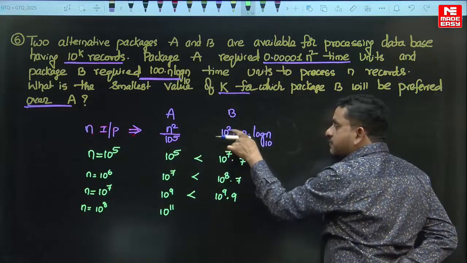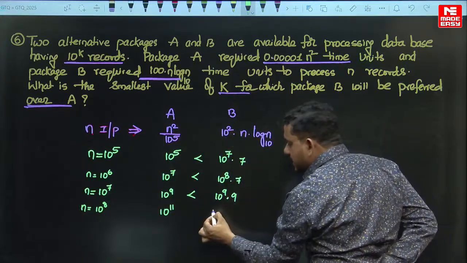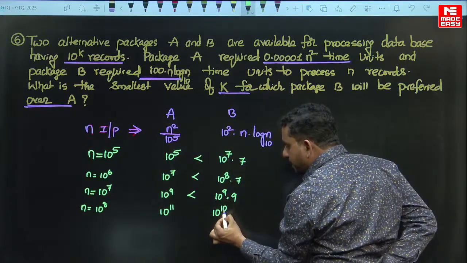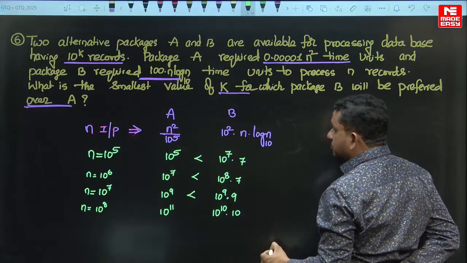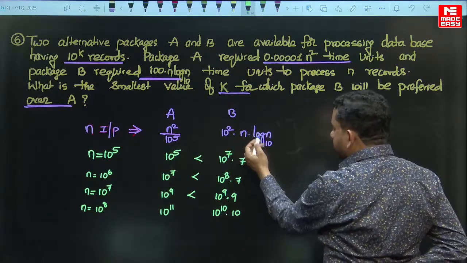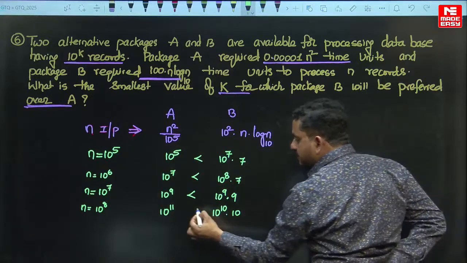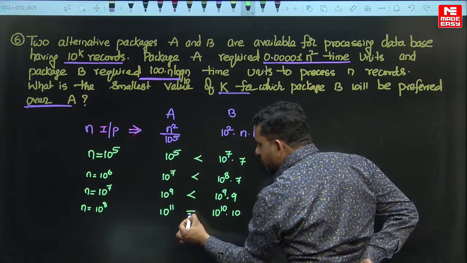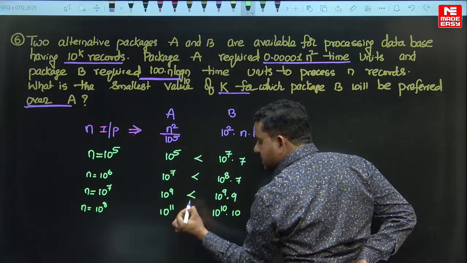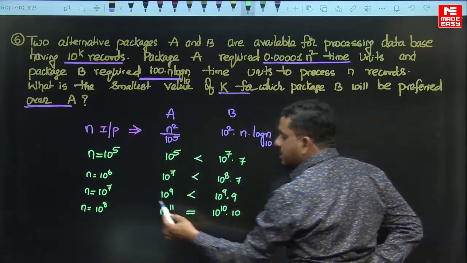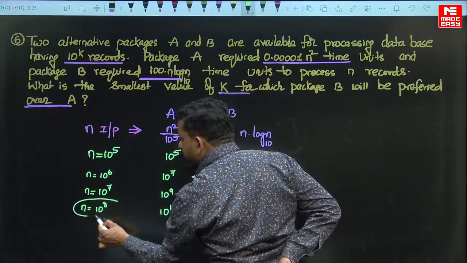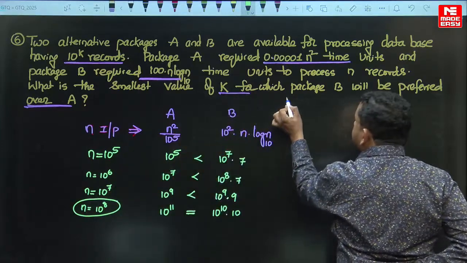For B, 10 square multiplied with 10 power 8 is 10 power 10, multiplied with 8 is 10 power 10 multiplied with 8, which is 8 times 10 power 10, compared to 10 power 11. Here the cost becomes nearly equal, and for the next n value B becomes cheaper. So the smallest n is 10 power 8, with k value 8.